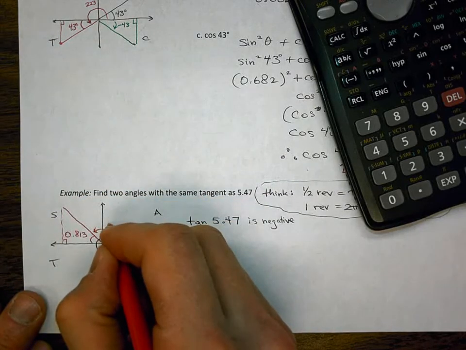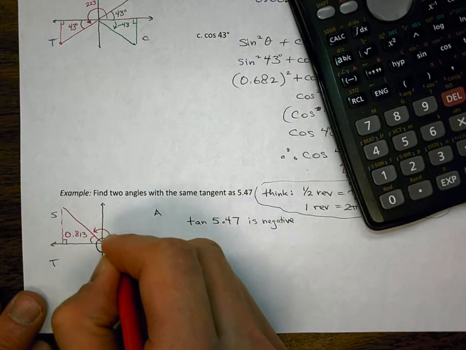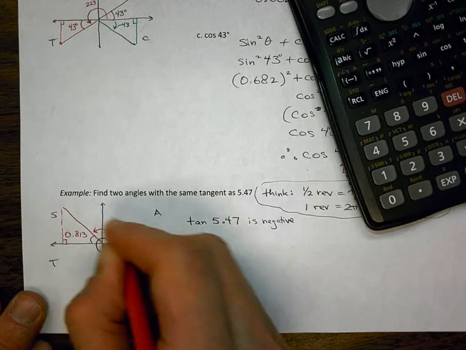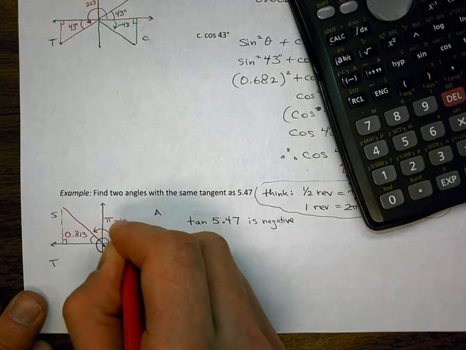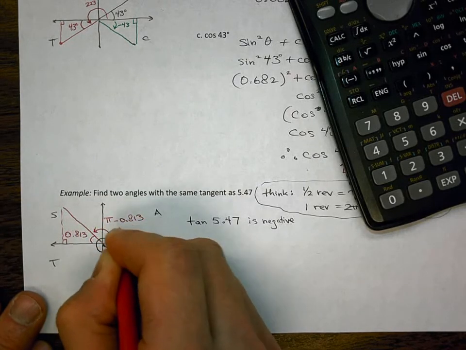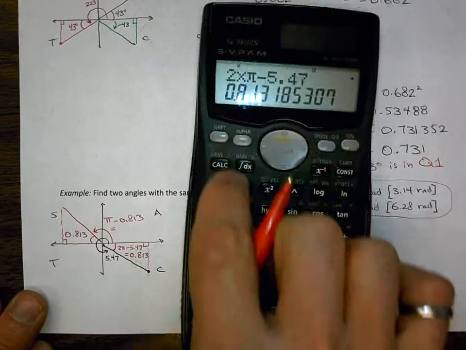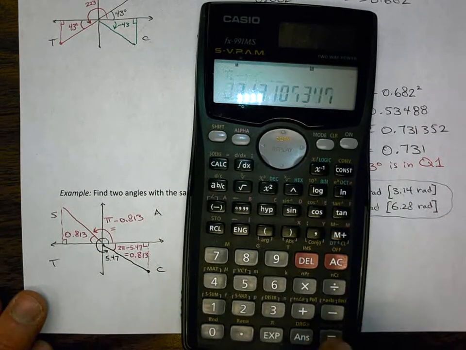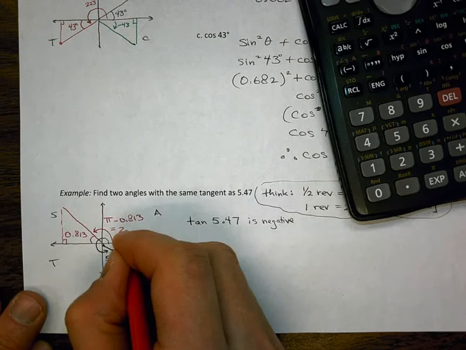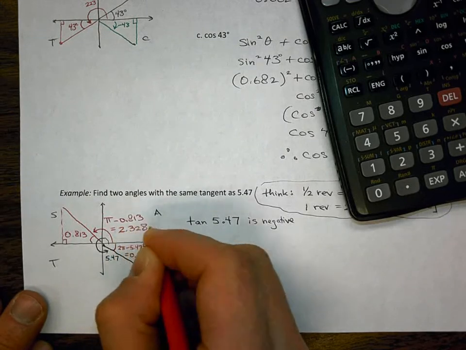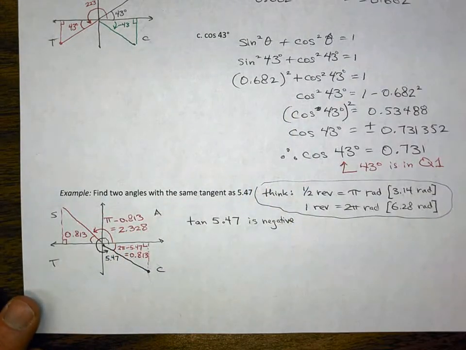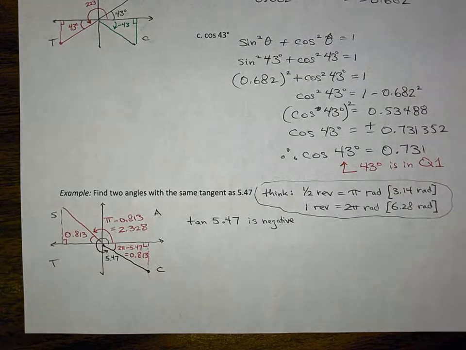So then this angle has to be pi minus 0.813. And that gives me 2.328. So you have a few options now.